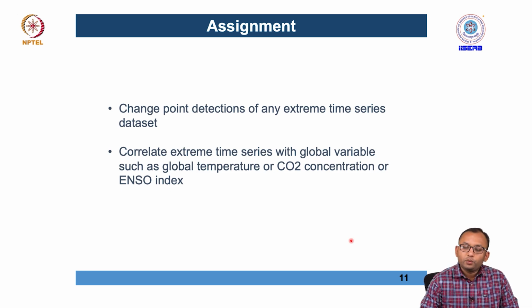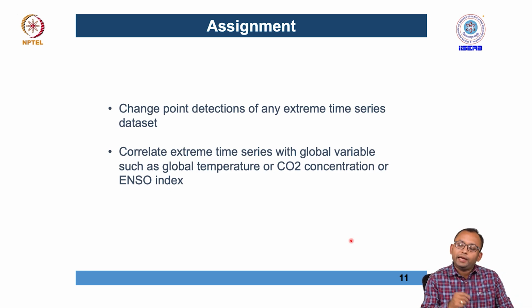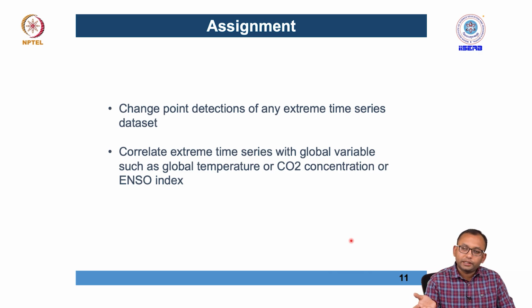So, what you can do in the assignment is, let us say you select any extreme time series. You can take an extreme time series from either generalized extreme value distributions or generalized Pareto distributions. Generalized EV basically comes from your annual maximum series or block maxima approach.